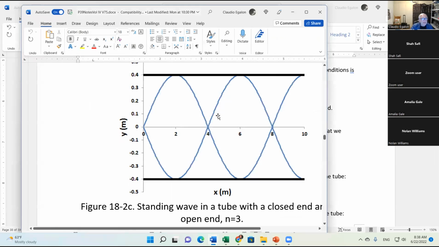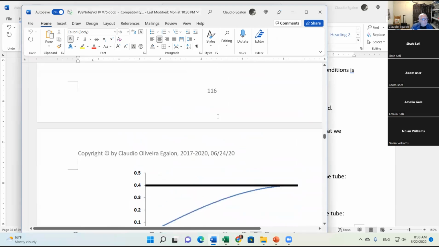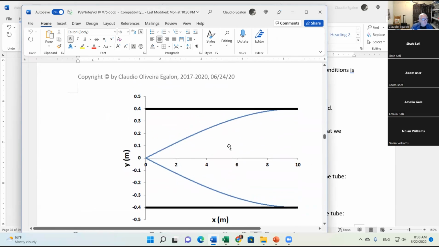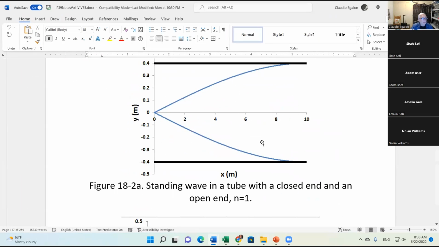So here you go. That's the case of a tube with a closed end and an open end. Because we have an open end here, the sound particles can oscillate back and forth across this boundary. But here, the particle cannot oscillate at all.